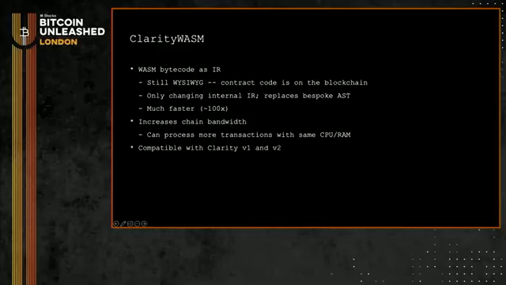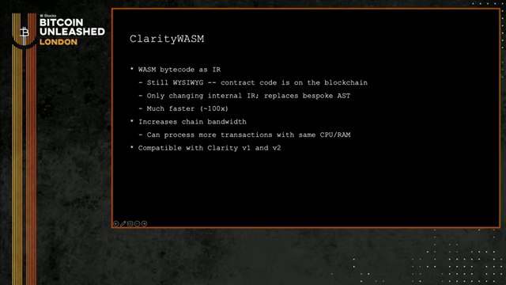The final piece of enabling technology here is Clarity WASM. As I said earlier, it's still WYSIWYG. You're still going to see your contracts in the Explorer. We're just changing the intermediate representation to be WASM and executable with a WASM interpreter. Compatibility is guaranteed here. The new Clarity contracts can still call into the old ones.